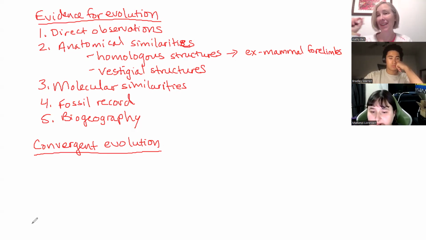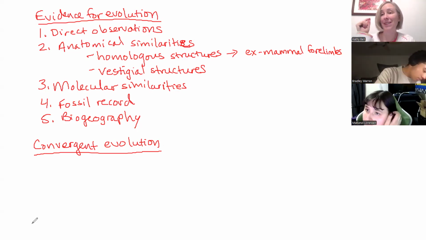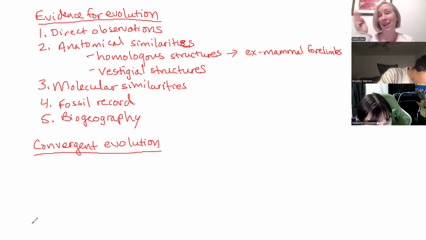Yeah, so you get these species that are not closely related at all, but they end up looking similar because they live in similar environments and they come up with the same great idea to survive in their environment. So bats and birds are both flying. They both thought of the great idea to fly.